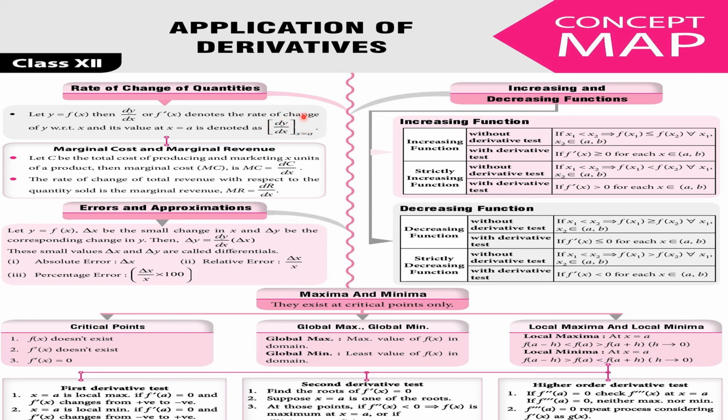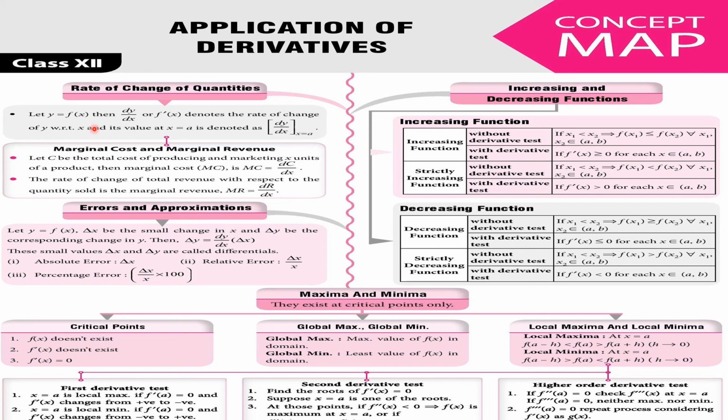This notation denotes the rate of change of y with respect to x at the point x is equal to a. Okay, my children, in the first exercise, we discuss this point, rate of change of quantity. Next, increasing and decreasing functions: whether the given function is an increasing function or a decreasing function, we use the concept of derivatives.